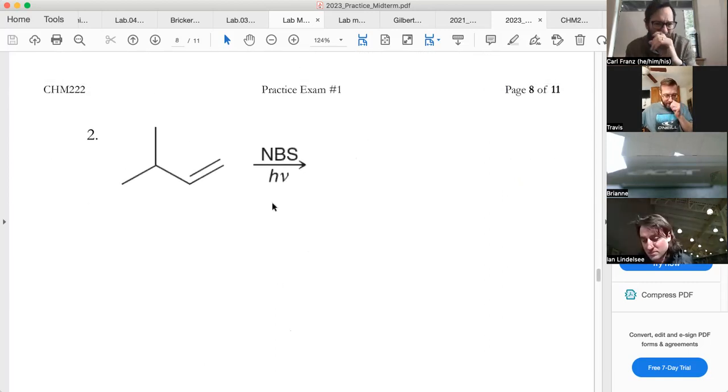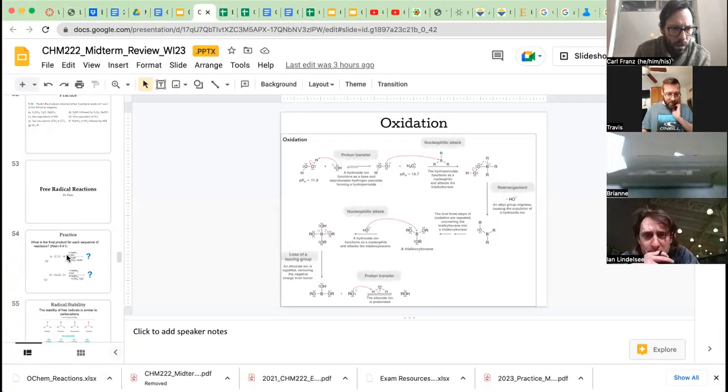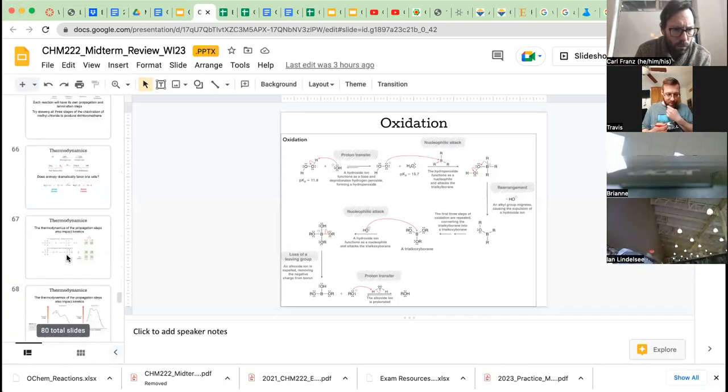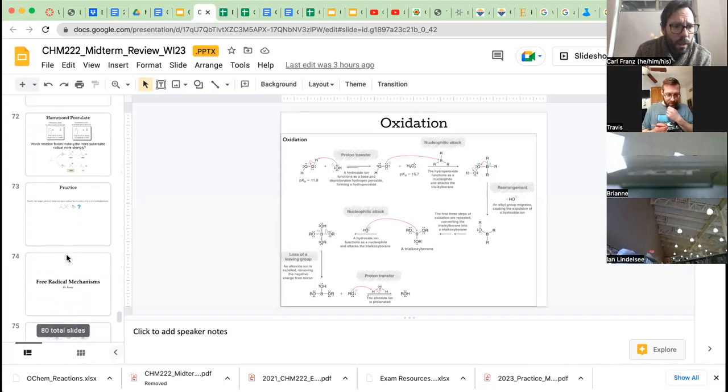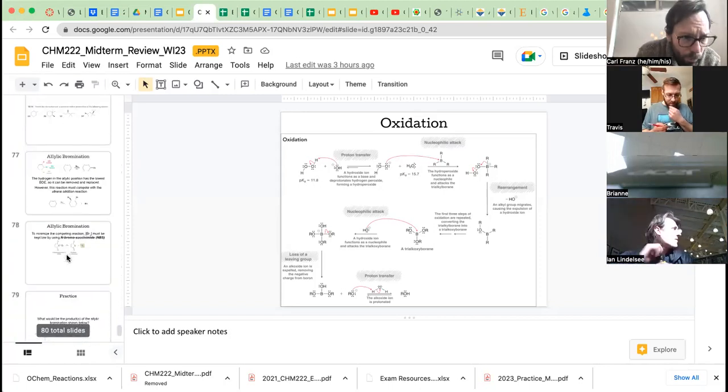So now I just realized this is the exact same molecule, I think, as the practice problem that we did for allylic bromination.